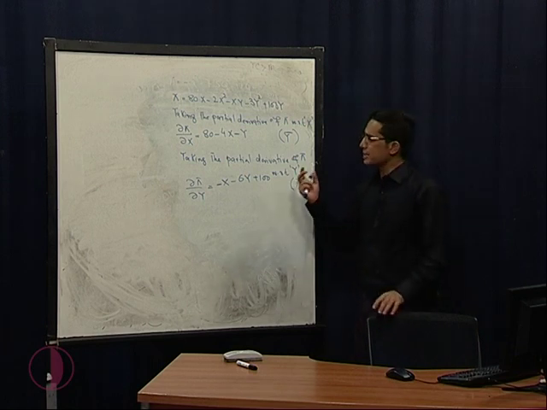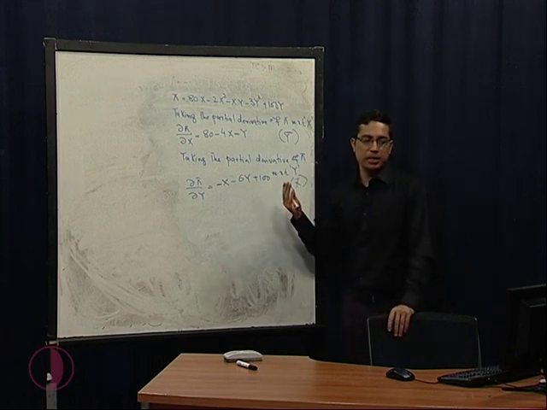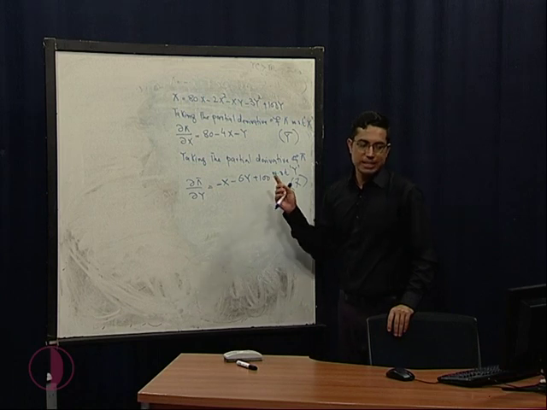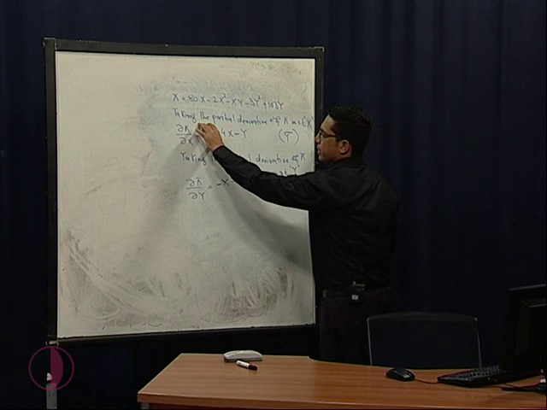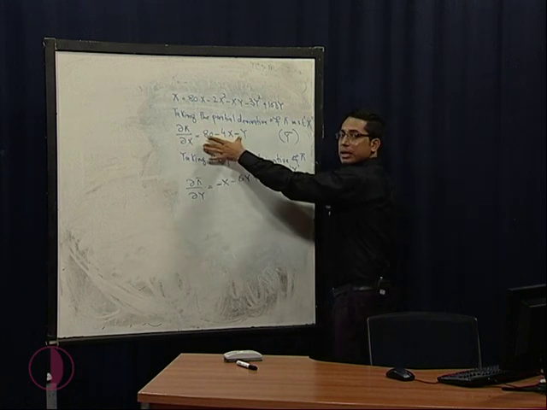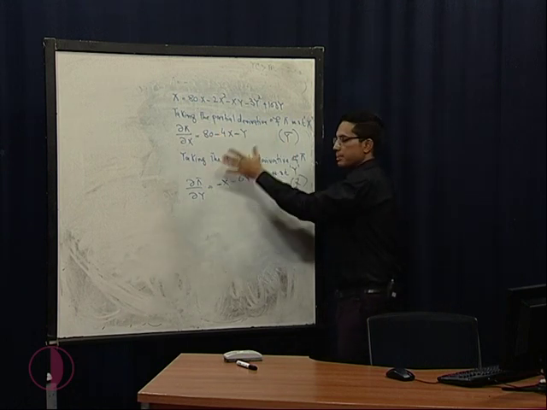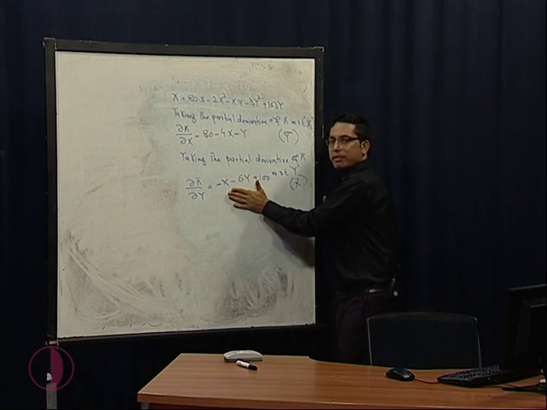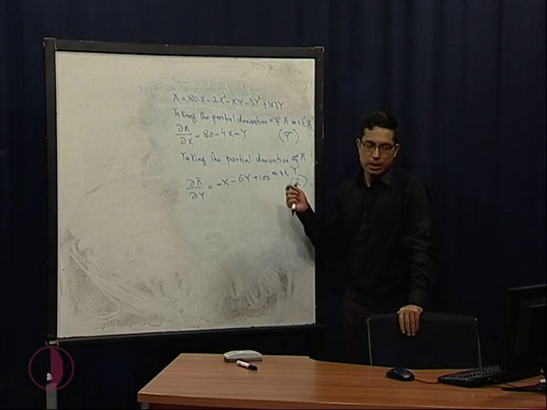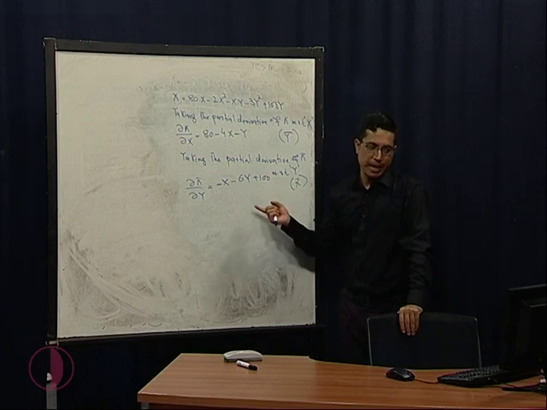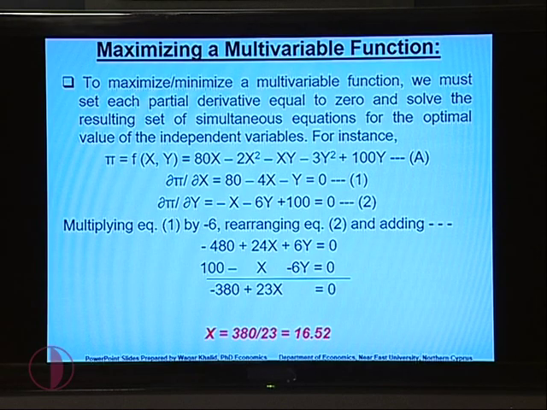In order to maximize or minimize a multivariable function, we must set each partial derivative equal to 0, and solve the resulting set of simultaneous equations for the optimal values of the independent variables.